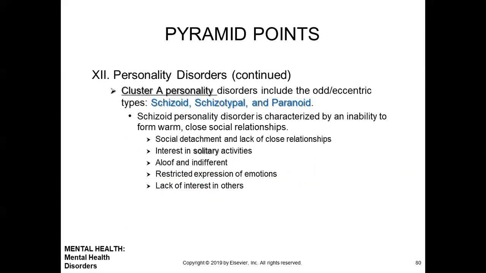The personality disorders are categorized into three types: cluster A, cluster B, and cluster C personality. Cluster A personality disorder includes schizoid, schizotypal, and paranoid.